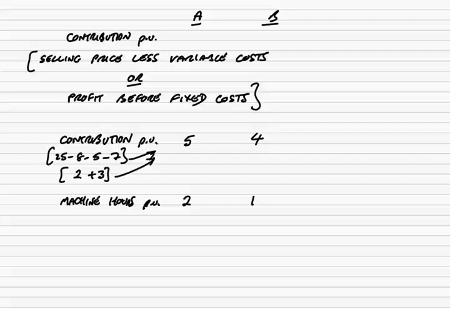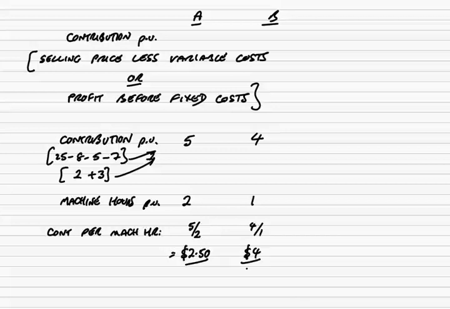That may be obvious, but the standard way of looking at it is to work out the contribution per machine hour. A, it gives us $5 for 2 hours, which is $2.50 per hour. B, it's $4 for 1 hour's work, which is $4 per hour.